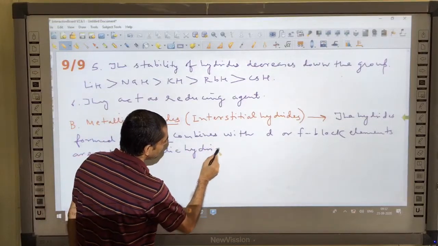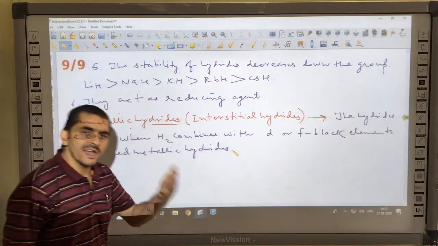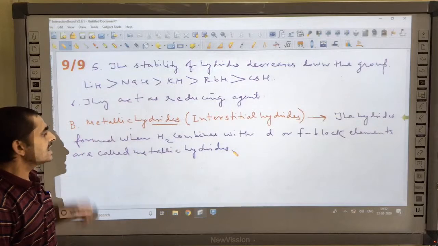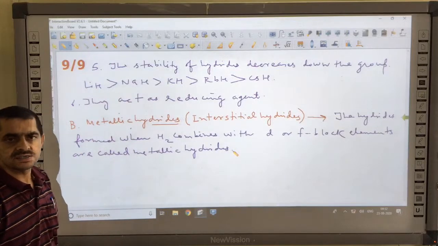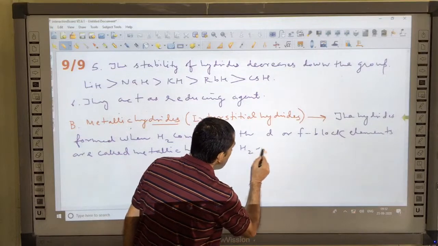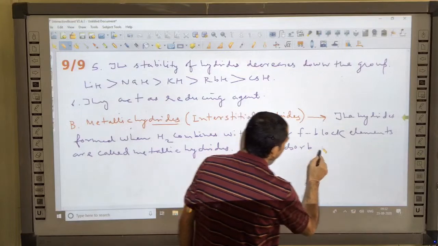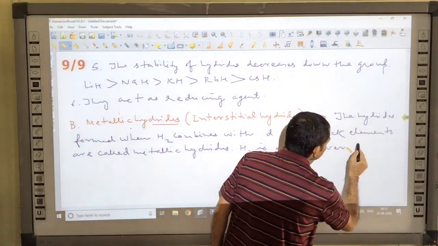Clear? Hydrogen is absorbed over the surface.